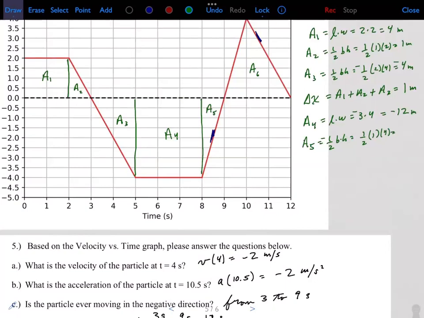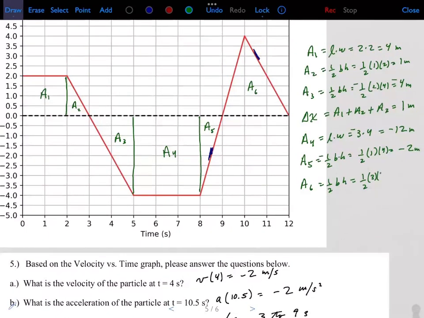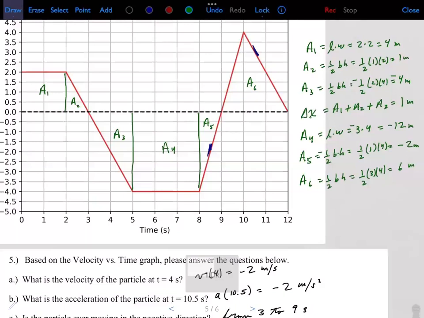So I guess it's negative 2 meters. And then A6 is positive 1/2 base times height. So that'll be 1/2 times 3 times, where's the peak of it? 4. Which I guess is just 6, positive 6 meters.